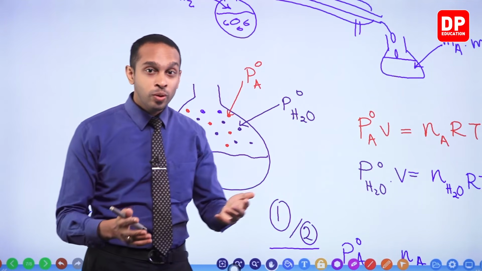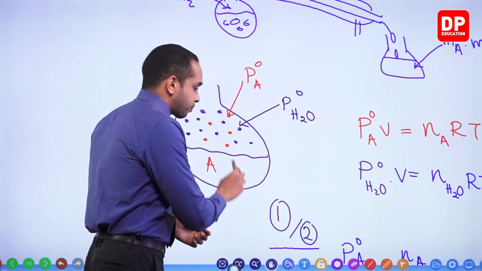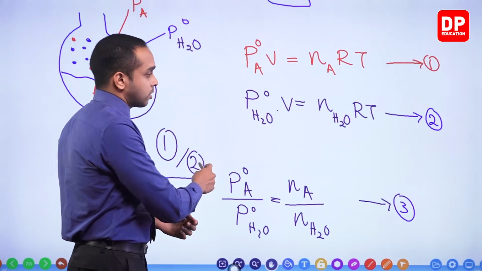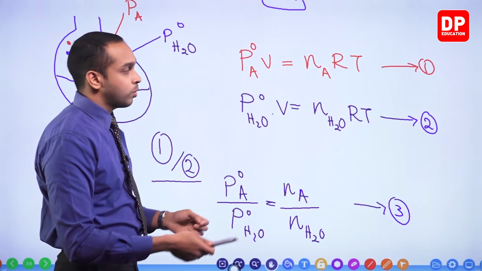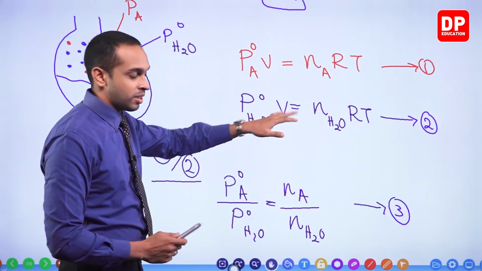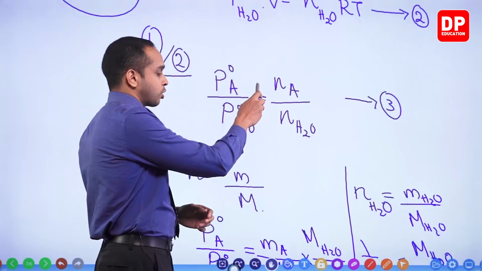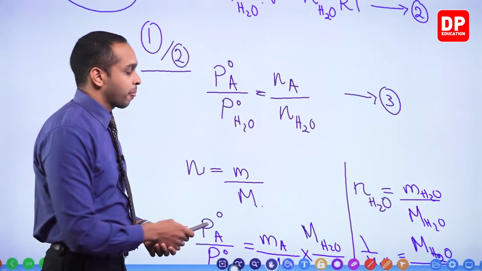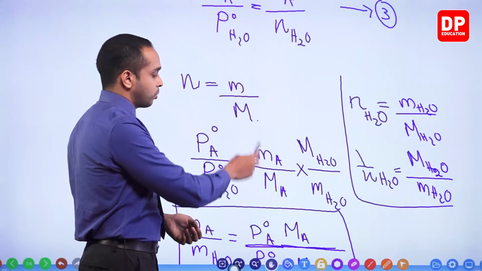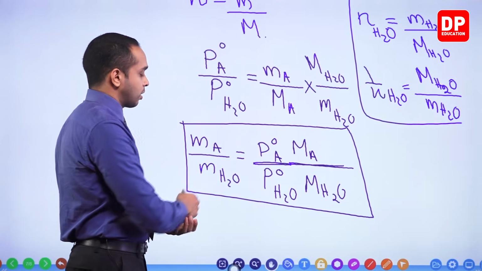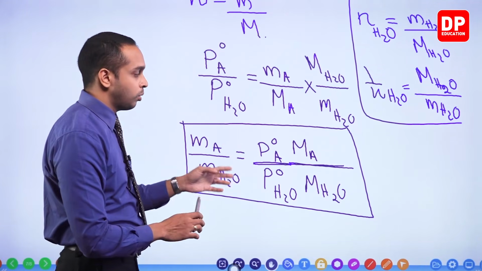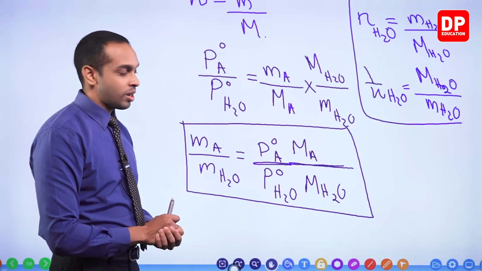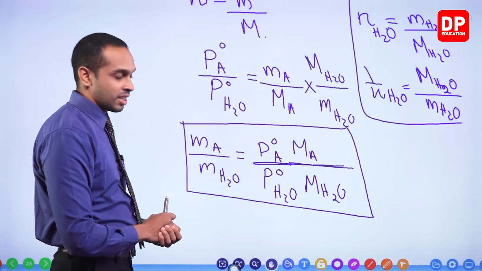So if you know the number of moles, we can find out the masses. So instead of just directly trying to find the number of moles, we wrote these two expressions, and using those expressions and the expression about mass divided by molar mass, we obtain the ratio that was given in the question. So this is how we will carry out this calculation. So now we can move on to the next part.